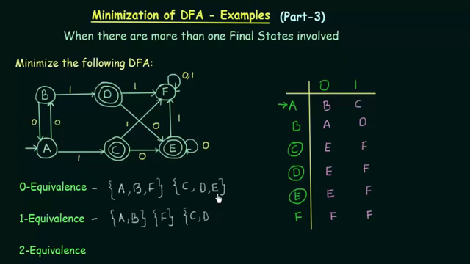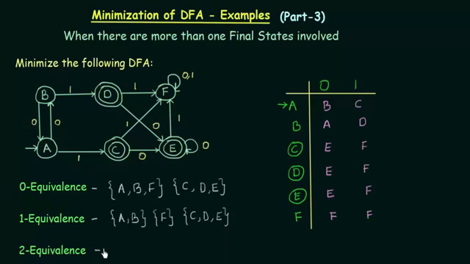Now let me check if E is one equivalent to C and D. Let me just check E with D. You can check it with C also, but let me just check it with D. D and E, on input 0 go to E and E, the same state. On input 1 they go to F and F, again the same state. So D and E are also one equivalent. That means C, D and E are one equivalent to each other. So let me put them in the same set.